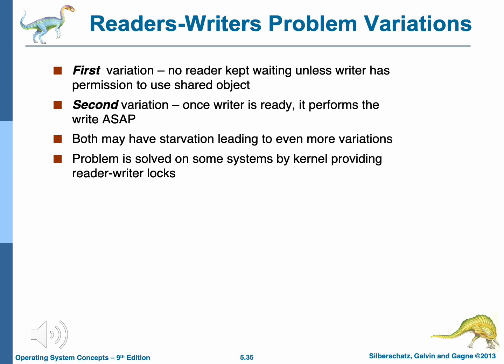The second readers-writers problem requires that once a writer is ready, that writer perform its write as soon as possible. In other words, if a writer is waiting to access the object, no new readers may start reading.